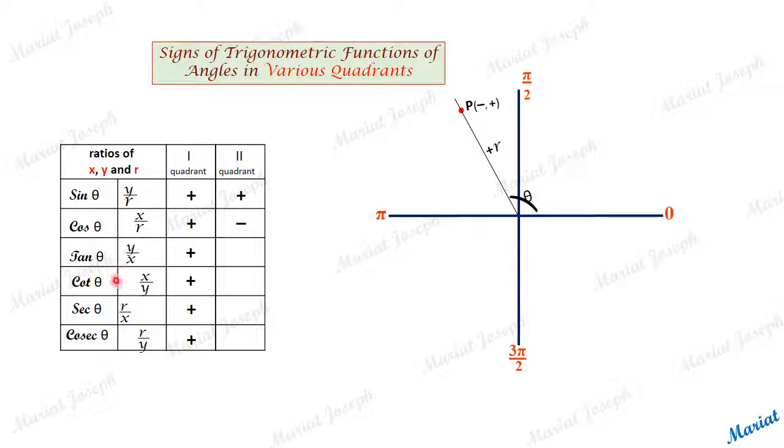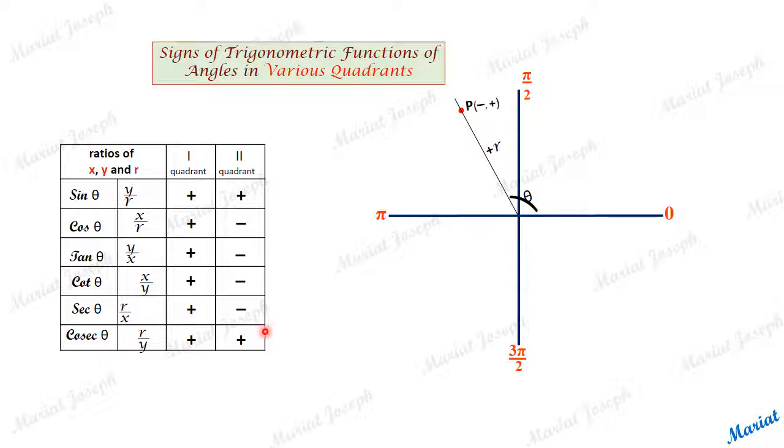Tan theta is y upon x, y coordinate upon x coordinate, positive upon negative, that will be negative. Cot theta negative. Sec theta will be negative and cosec theta positive. As we know, sin theta and cosec theta are reciprocals, so if sin theta is positive, obviously cosec theta will also be positive.